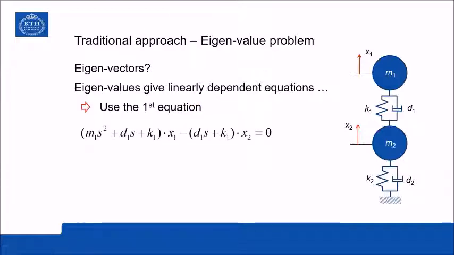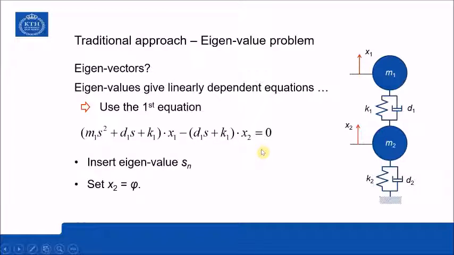In our case, it means that both equations yield the same information about the system. So it's enough to use only one of the equations. And in our case, the first equation is the simplest one. So we use this one. This is the first equation in our system.